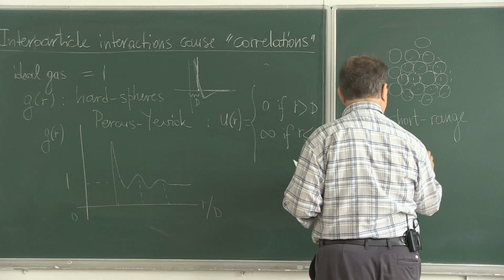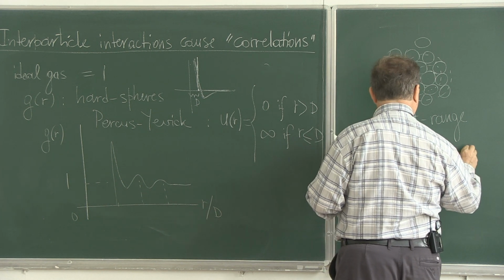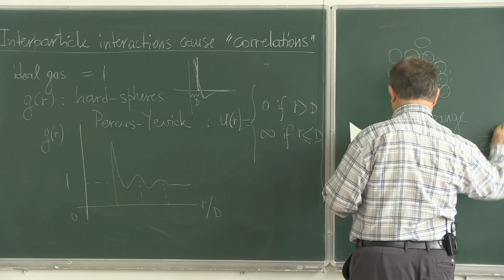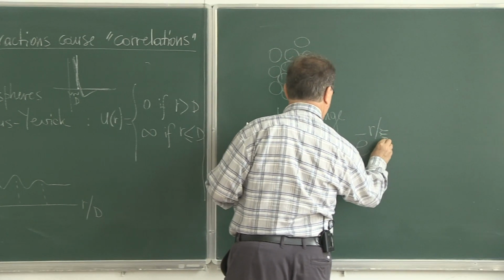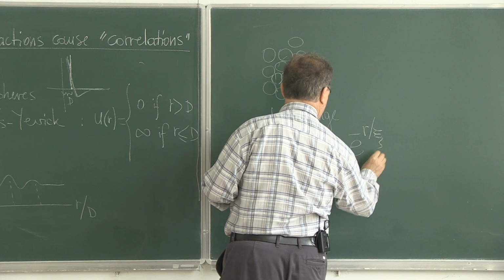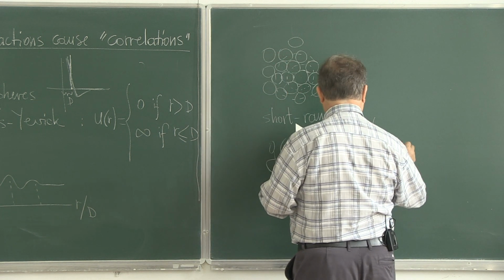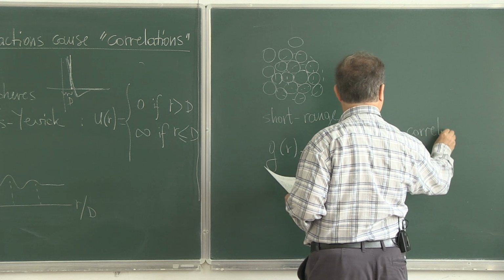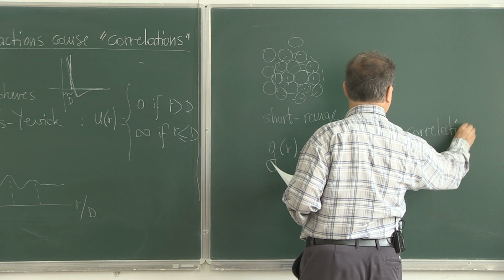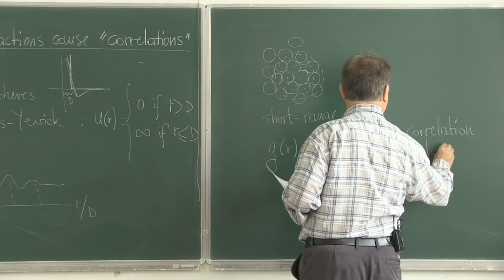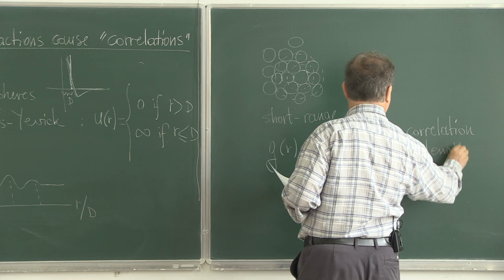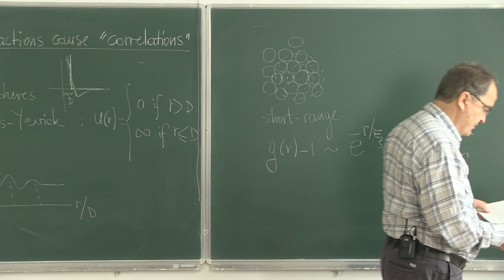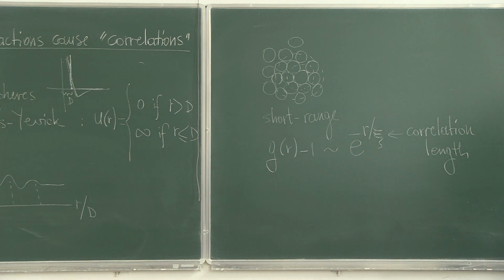That means G of R minus 1 goes like e to the minus R over xi, something like this. That's the correlation length. There is no more correlated structure after a certain distance.